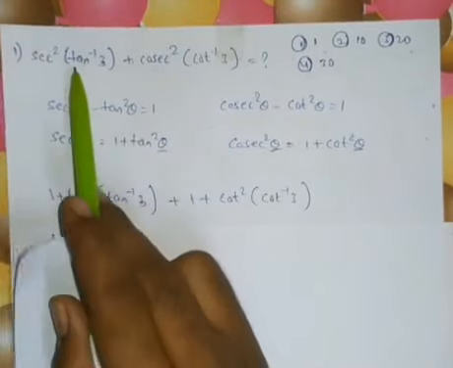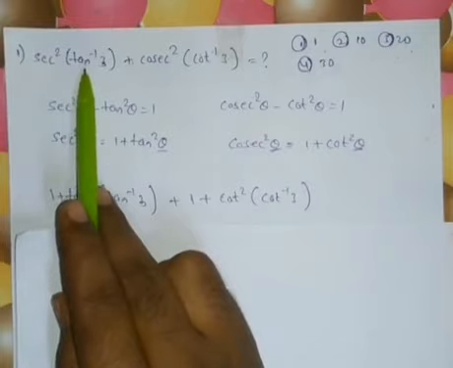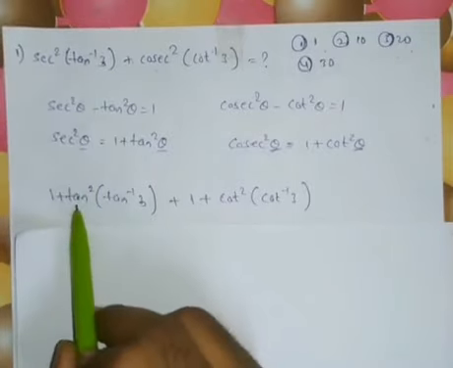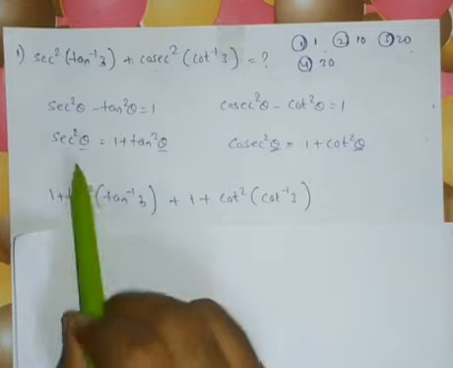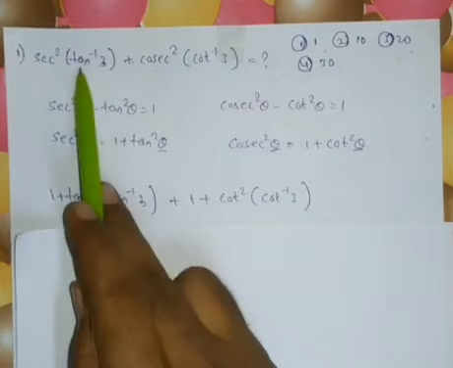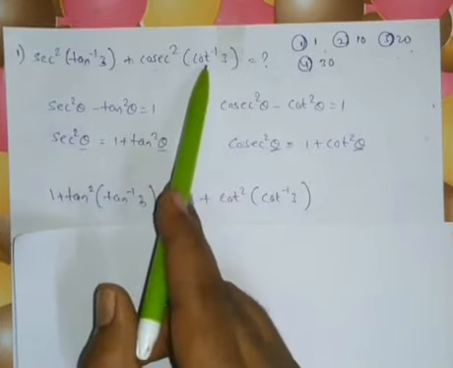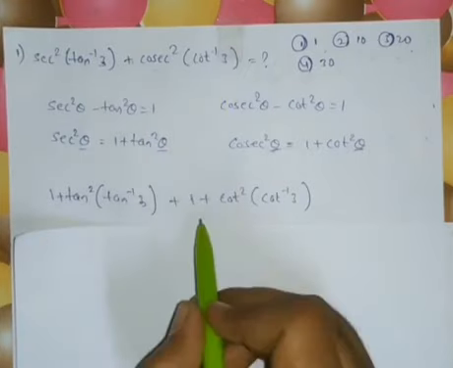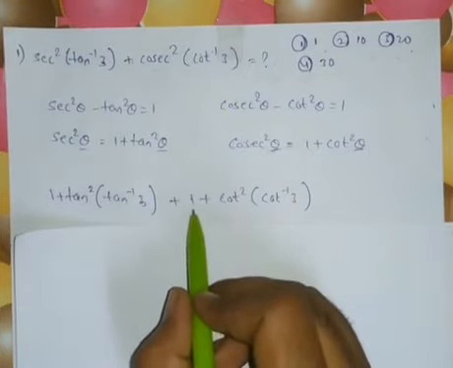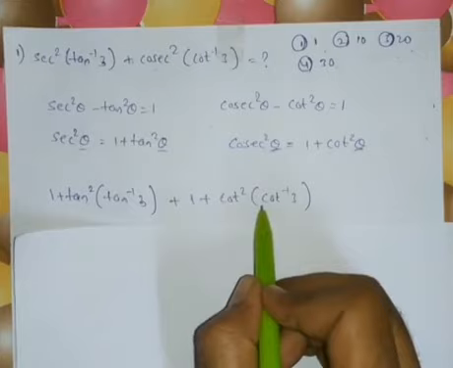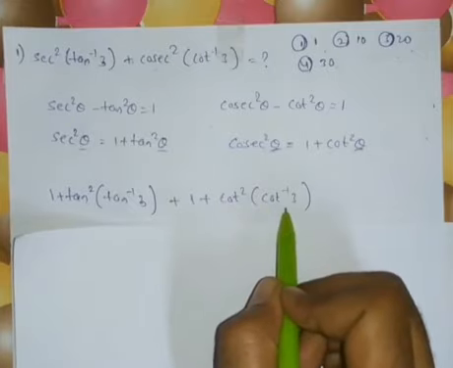So here we have secant square of tan inverse 3, which becomes 1 plus tan square of tan inverse 3. In place of theta we have tan inverse 3, and here also in place of theta we have cot inverse 3, so we write 1 plus cot square of cot inverse 3.